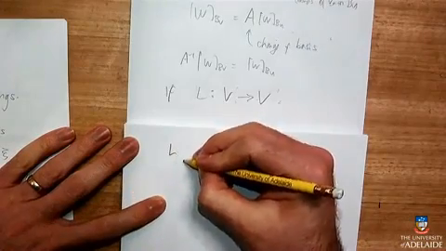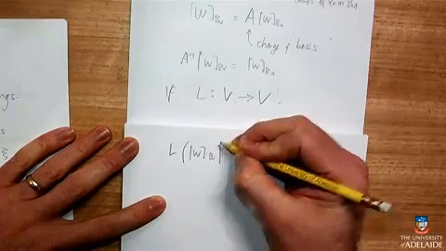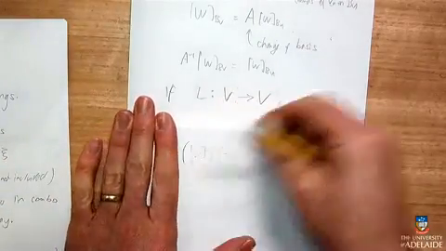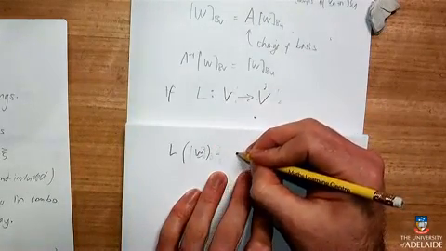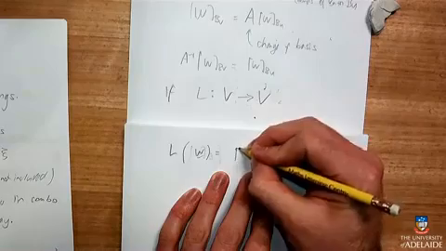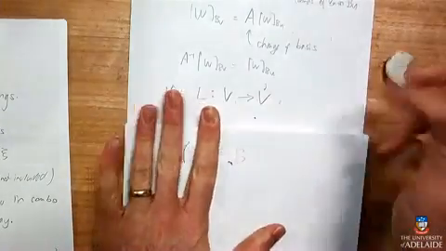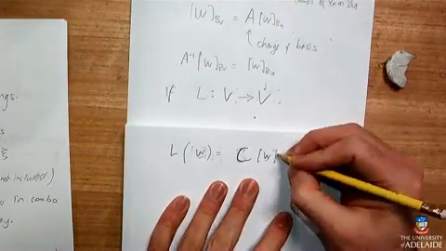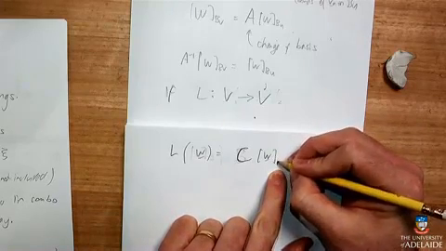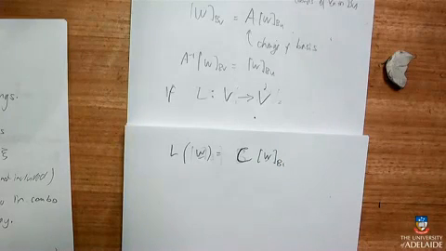So L on a vector in terms of B1, L of W will be some matrix. Too many letters, people. I'm going to call it C because I don't want to use B anymore. Some matrix times W in terms of B1. And that C will be made of columns which are the coordinates of the basis in terms of B1.